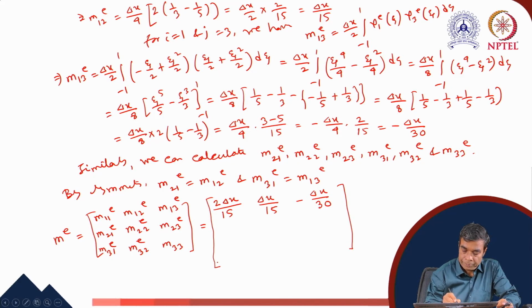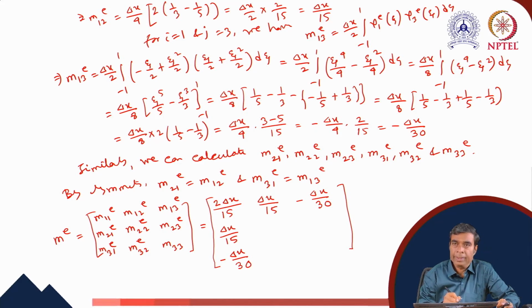By symmetry, we can simply write the M21E term as delta x by 15, and similarly the 31 term we can write as minus delta x by 30. So it can be shown here that M32E will also be delta x by 15, and accordingly M23 will be delta x by 15.